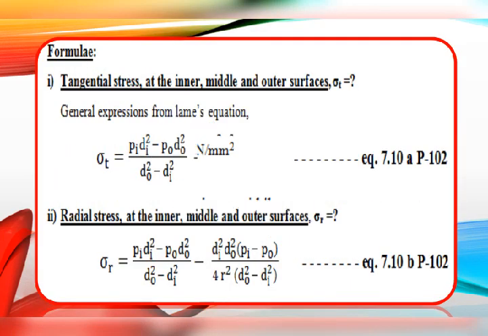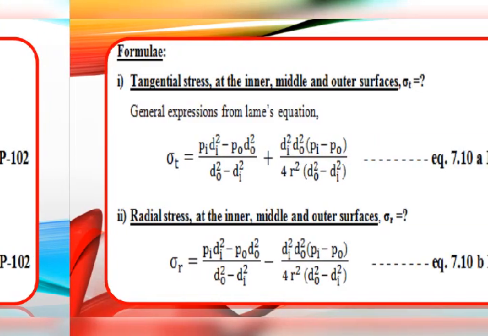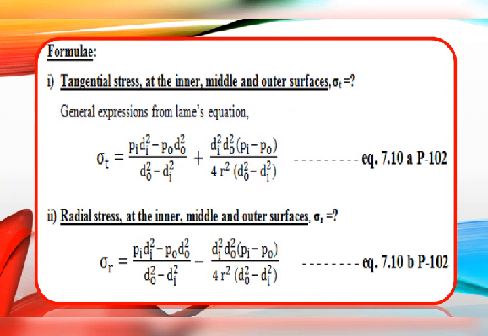Now we'll list out the formulae required for this particular problem, that is tangential stress and radial stress. Tangential stress, using the general expressions from Lame's equation, equation number 7.10a, page number 102, is sigma T equal to (Pi di square minus P naught d naught square) divided by (d naught square minus di square), plus di square d naught square (Pi minus P naught) divided by 4r square (d naught square minus di square).